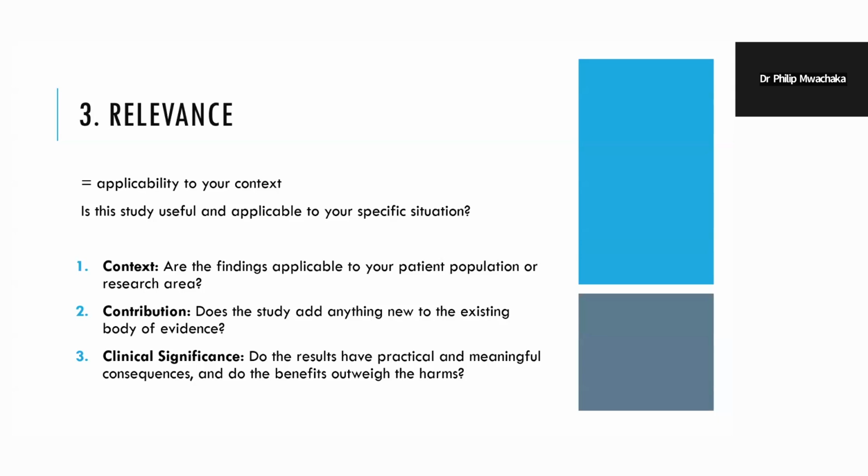This is extremely important because if you are maybe a clinician talking to a patient and you start quoting some study and maybe a certain drug was tested, for example, in a randomized clinical trial, and showed that it was very effective and beneficial for a condition that the patient before you has, but then that drug is not available in your setup, it means that you can't really apply those study findings to your practice at that moment.